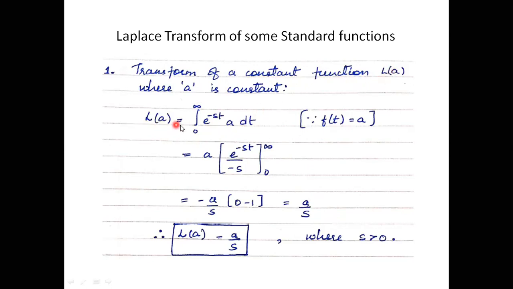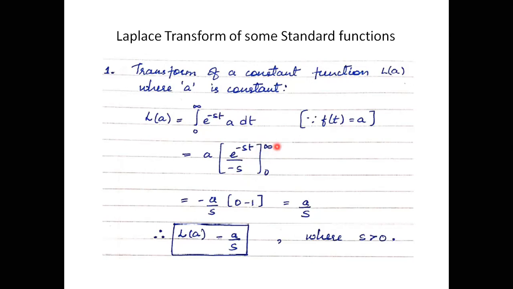L of a is equal to, by using the definition of Laplace transform, 0 to infinity e power minus st, f(t) here is a, dt. I have taken that a outside the integral, and integration of e power minus st is e power minus st by minus s between the limits 0 and infinity.